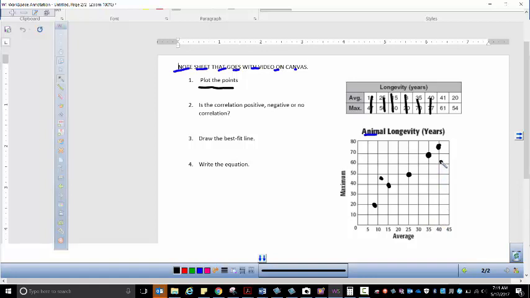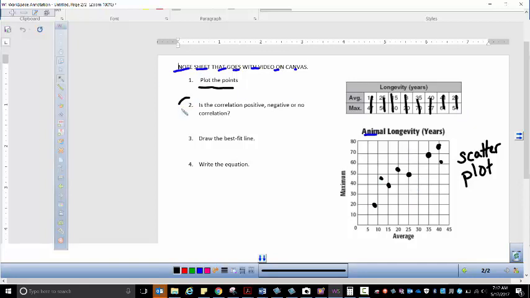We're going to say it's like right there. And my next point and my last point there is 20, 54. So what you've made here is the scatter plot. So I want you to, if you need to, hit pause and make sure you have all these points. Okay, so you have to have all those points for your scatter plot.